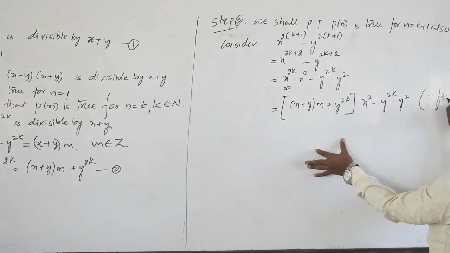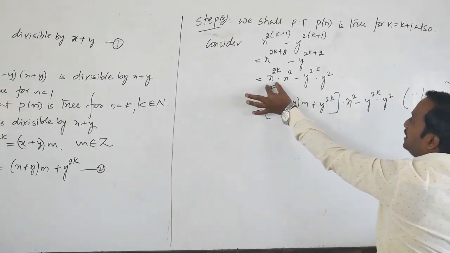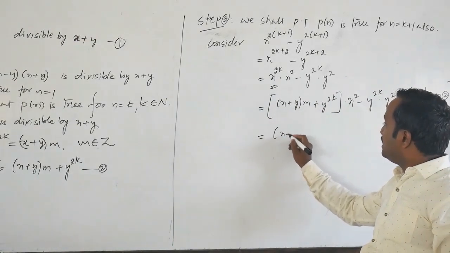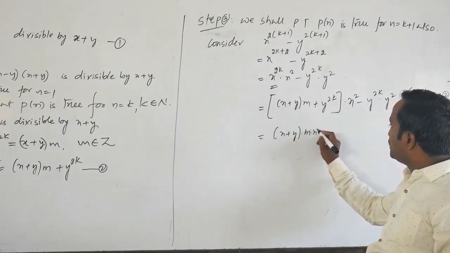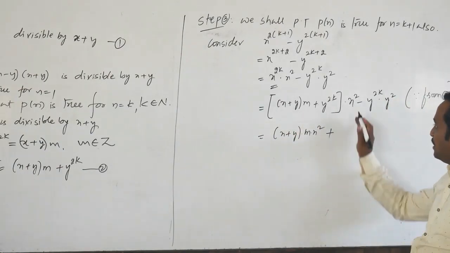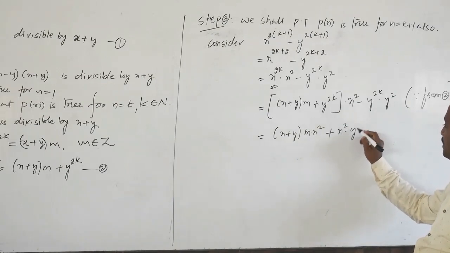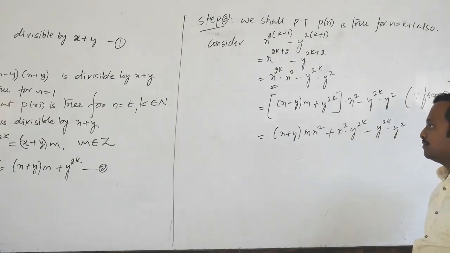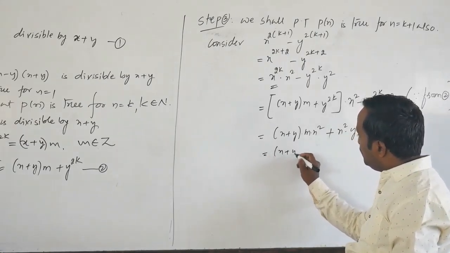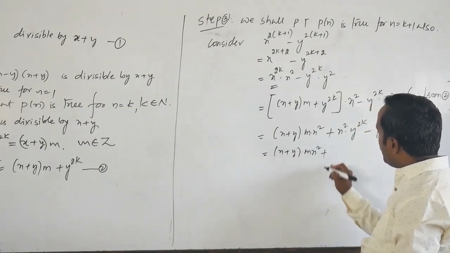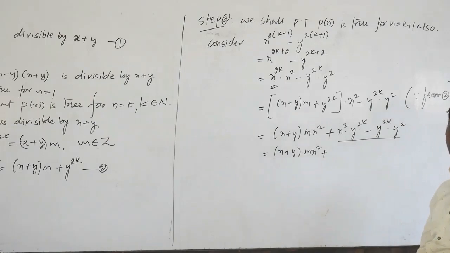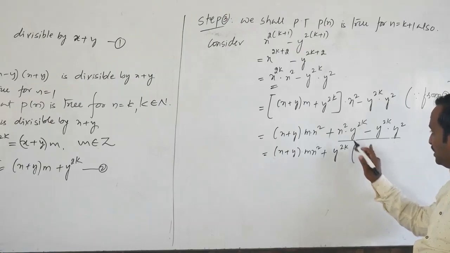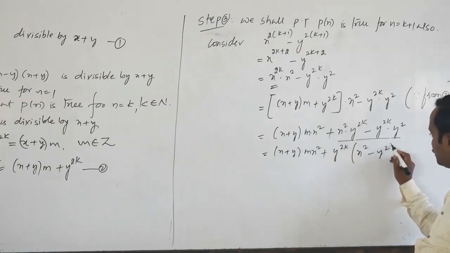Next, multiply: x plus y into m into x square, plus y raised to 2k into x square minus y raised to 2k into y square. What is common in these two? y raised to 2k is common. Here x square remains, here y square remains.